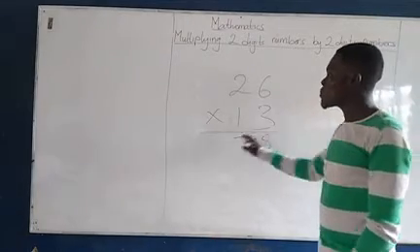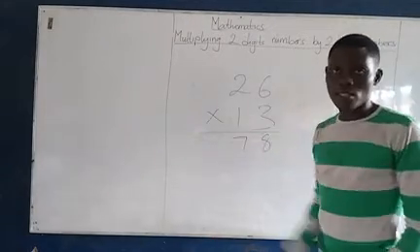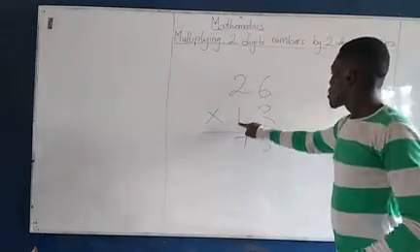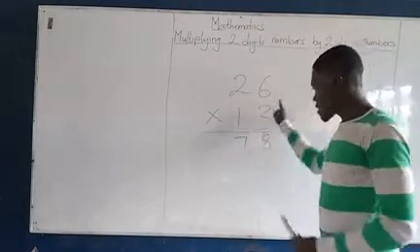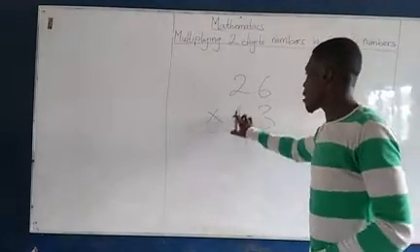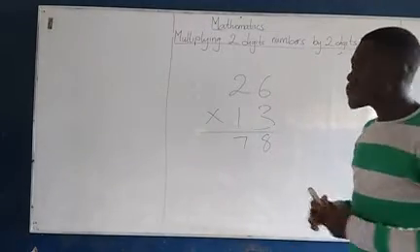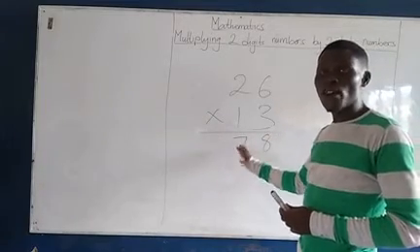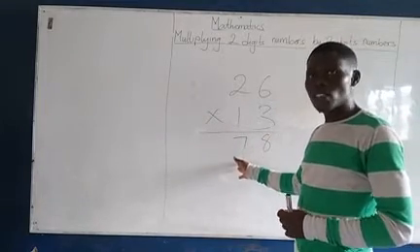Now I'm going to multiply the 1 by the 26. This one is very simple. Good. 6 times 1 is 6. You write a 6. Look at where the 1 is. I said if the second number is at the tens column, you start writing the answer at the tens column.